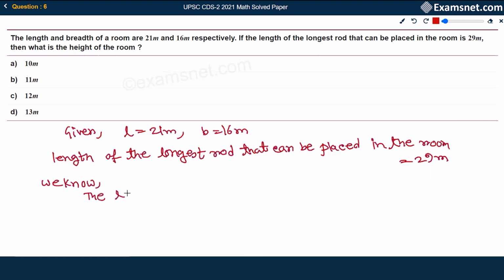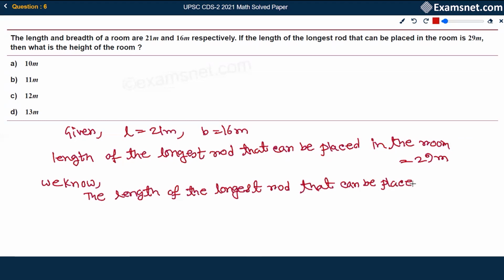So we know the length of the longest rod that can be placed in the room is the diagonal of the room.